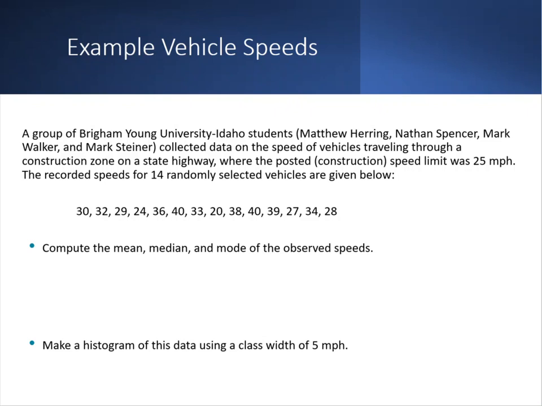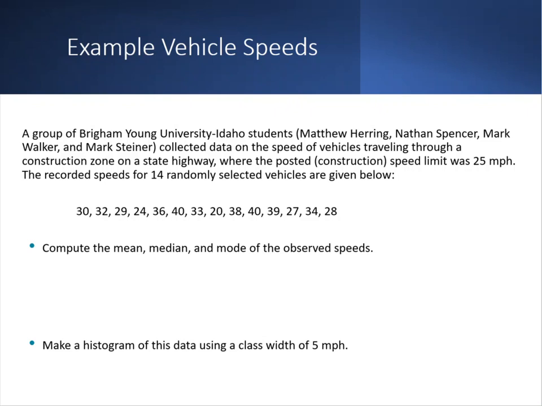What I'd like to do is compute the mean, the median, and the mode for this set of 14 data points. I'd like to do this by hand, and I can always check my work using StatCrunch. But to do it by hand, I first need to order the list from smallest to largest.